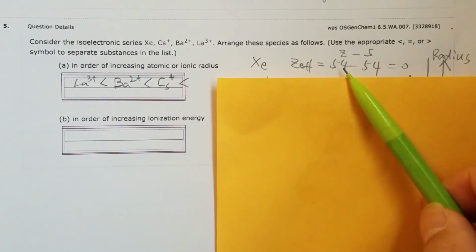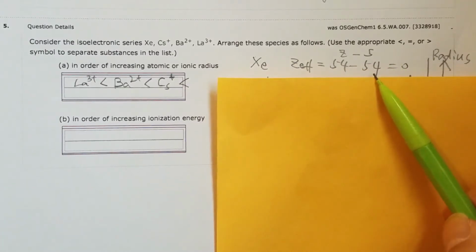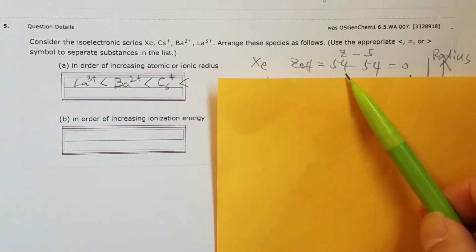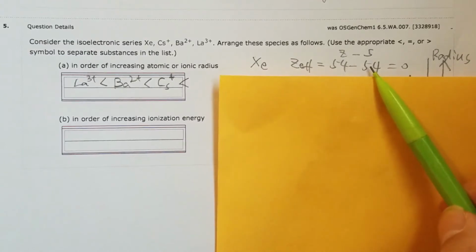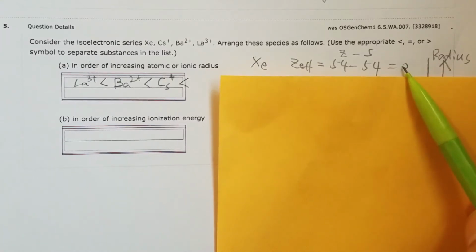For xenon, atomic number is 54, and S is the number of core electrons. Since xenon's electron configuration is fully filled, all 54 are core electrons. So therefore that should be 0.